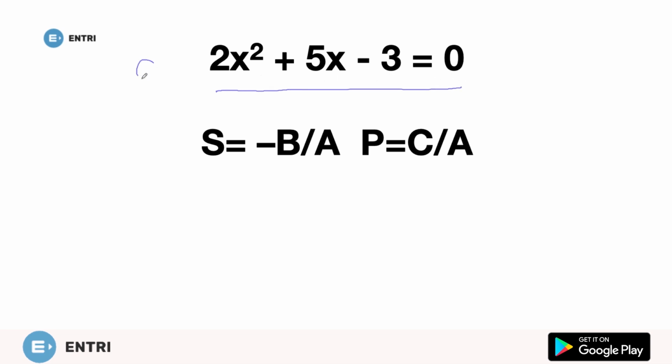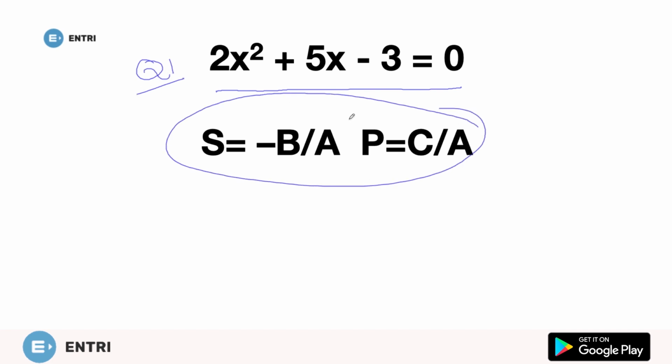And since it was our first question, I have mentioned this here. This means the sum is to be calculated using minus b upon a. What is b? See, these constant values are named as a, this as b, and this as c.